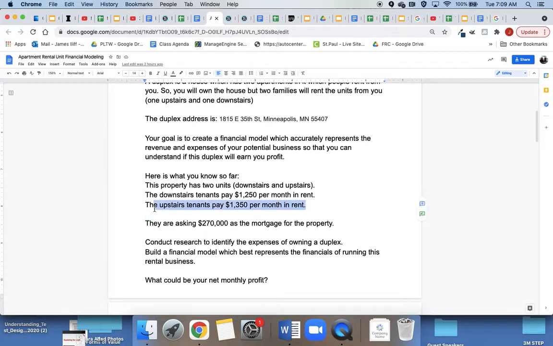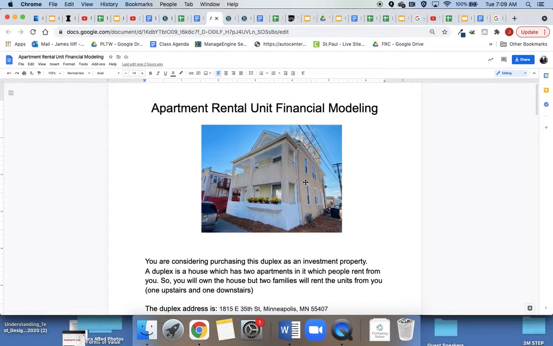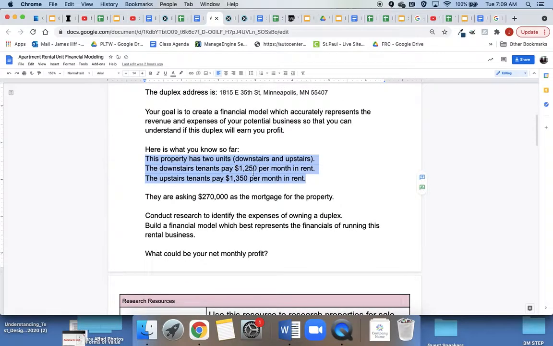Well, this is really valuable information when we're thinking about building out our financial model. We would consider this revenue. So here's your revenue that you're going to be pulling in from this apartment building every month. So $2,600. I just added these 2 together.